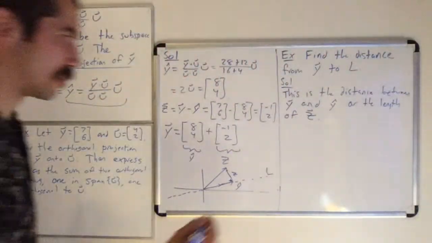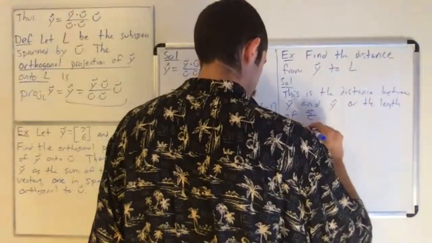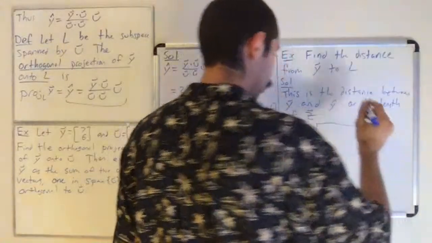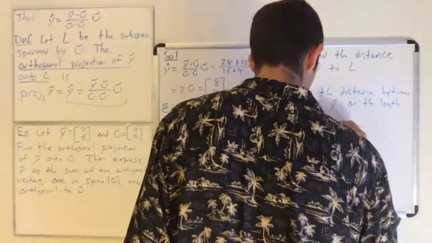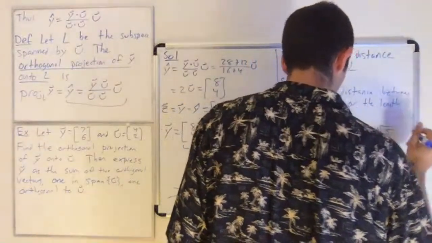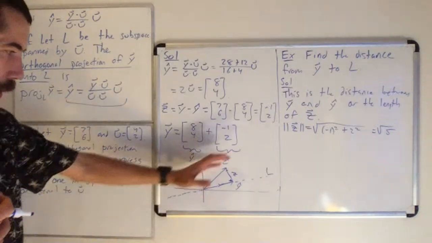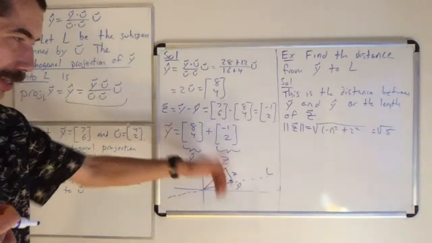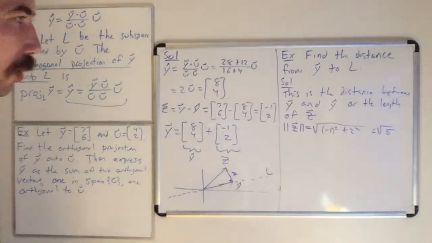Okay, so to get the length of z, that's the square root of the entries of z squared. So our vector y, or the endpoint of y, is square root of 5 from L at its closest point.